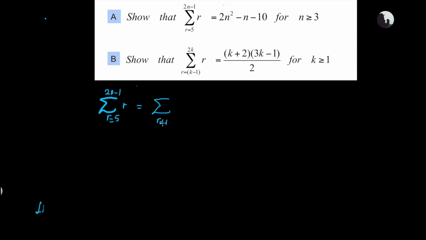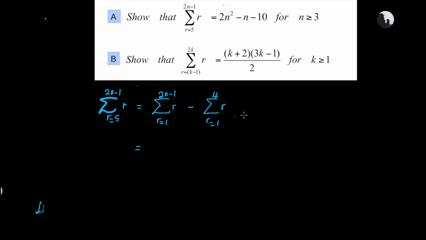So if you sum from r equals 1 to 2n minus 1, you can simply subtract the summation from r equals 1 up to, because we want the 5th term to be included in the summation but not the 4th term, so you have to stop at the 4th term for this r.